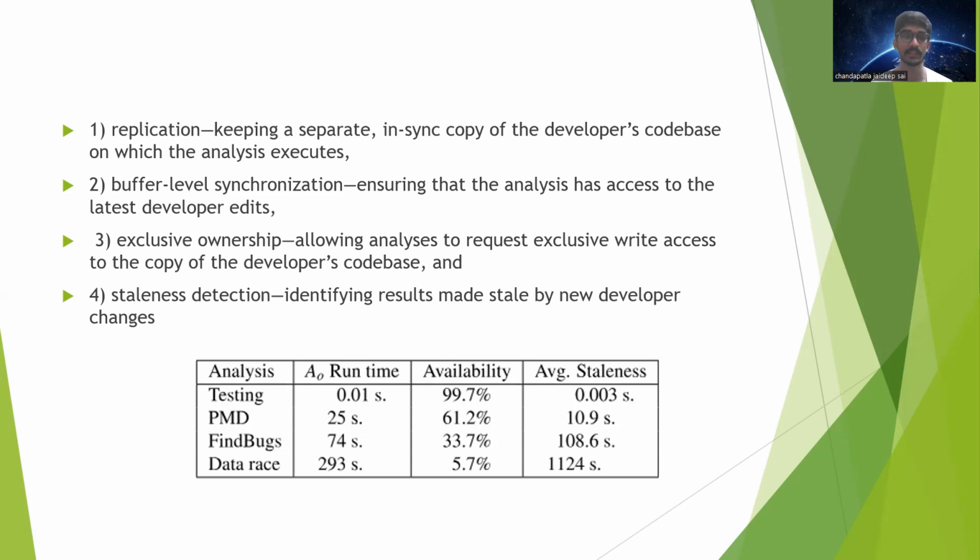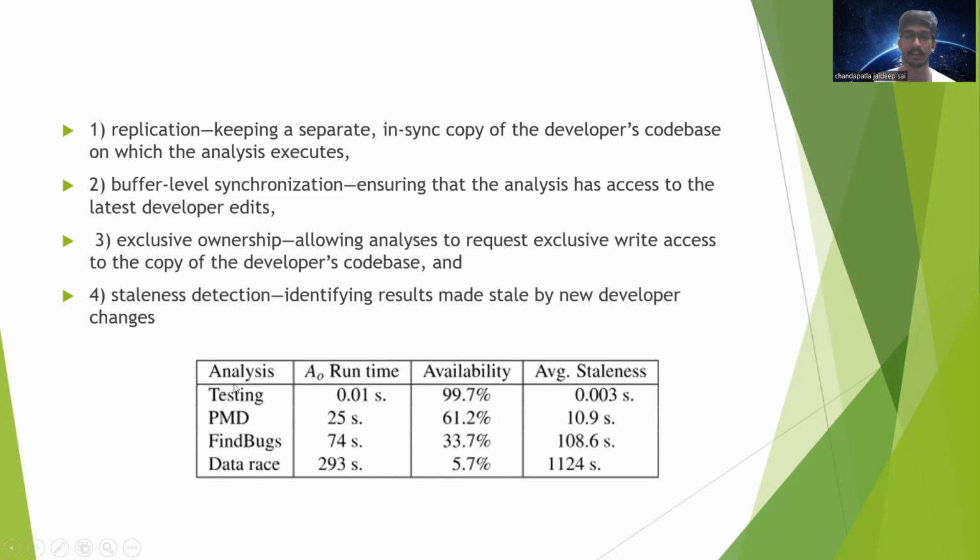And the third one is exclusive ownership: allowing analysis to request exclusive write access to the copy of the developer's code base. And staleness detection: identifying results made stale by new developer changes.